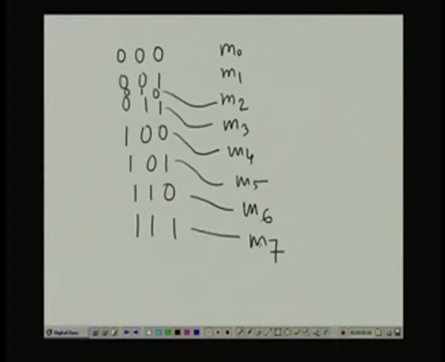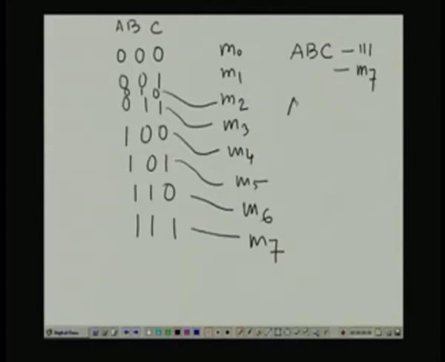Now, if the variables are A, B, C, then ABC means 1 1 1, which is actually M7.